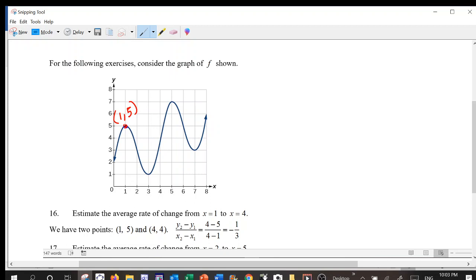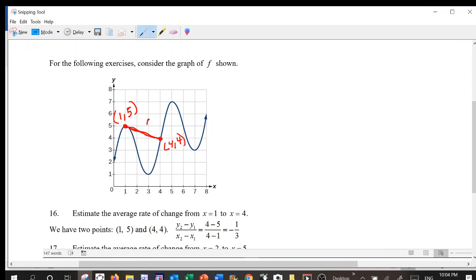So that's 1 point. And then we have 4. So at 4, the y coordinate is right here, right? So 4 and 4, right? Now if you connect these two, you get a segment, and our job is to find the slope of that segment, which is the average rate of change, right?